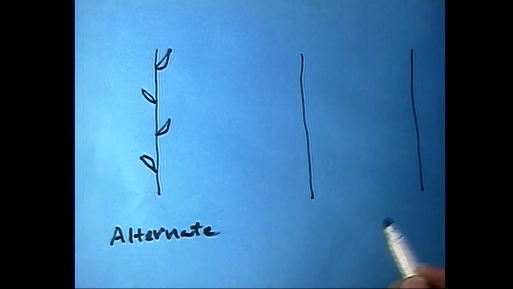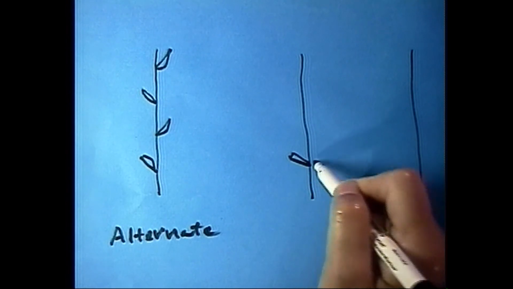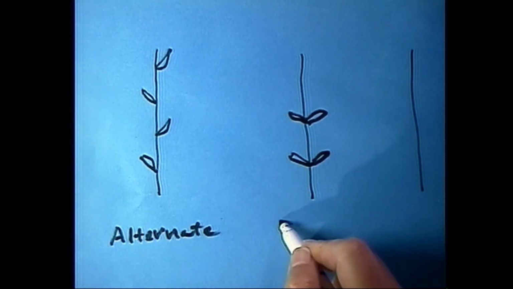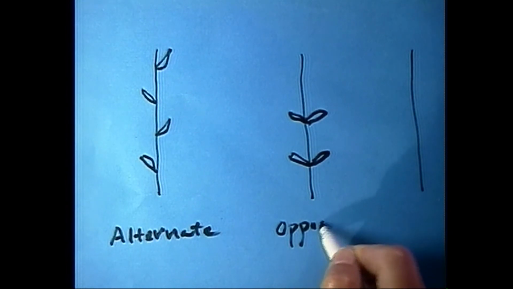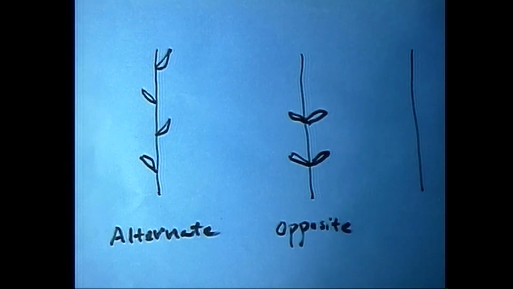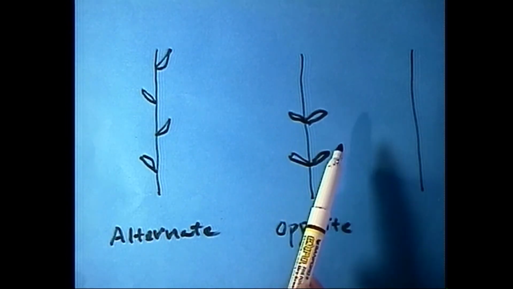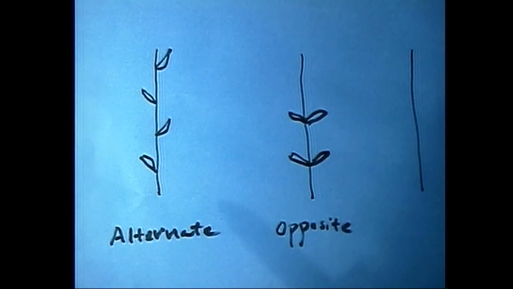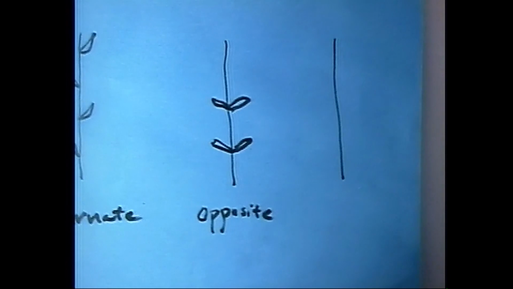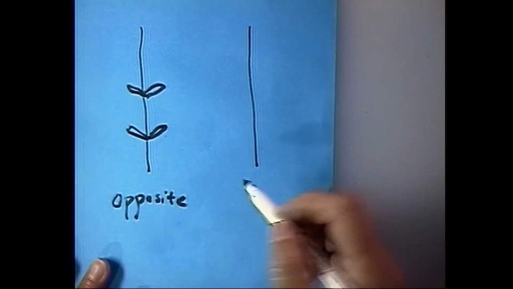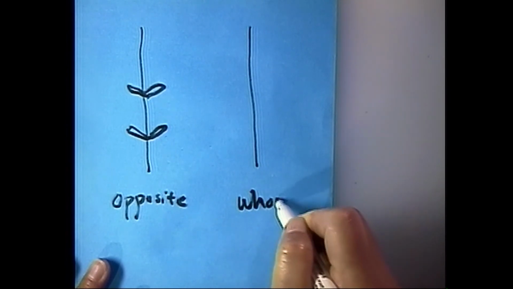Now if you look at another kind of leaf arrangement, you'll have two leaves per node. This kind of leaf arrangement is called opposite leaf arrangement. You can remember that usually, like in the family Rubiaceae, you'll have the leaves one on one side, one on the other, so they're opposite each other. So we have alternate leaf arrangement and opposite leaf arrangement. The third kind of leaf arrangement that we need to talk about is called a whorled leaf arrangement.